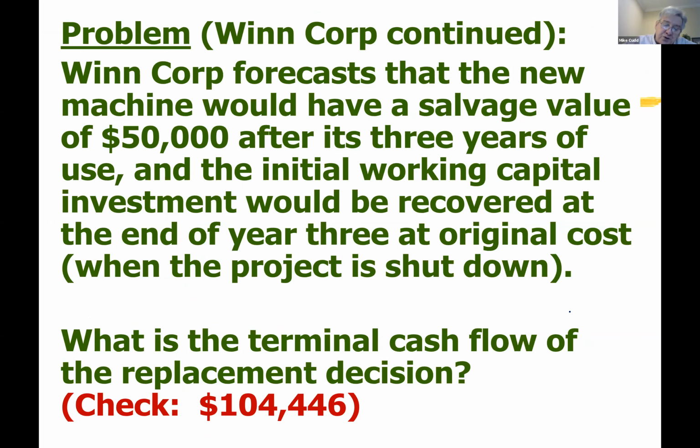Wind forecasts that this new machine would have a salvage value of $50,000 after its 3 years of use, and that the initial working capital would be recovered at cost. What is the terminal cash flow?